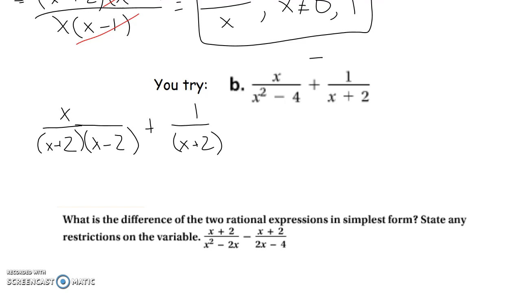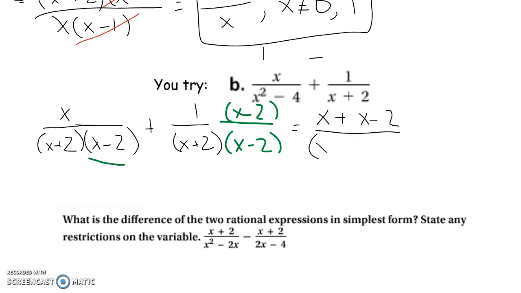To get our common denominators, the second fraction is missing the factor of x minus 2, so we're going to multiply by x minus 2 over x minus 2. What we get as a result is x plus x minus 2 over x plus 2 times x minus 2. When we combine like terms in the numerator, we get 2x minus 2 over the same denominator.